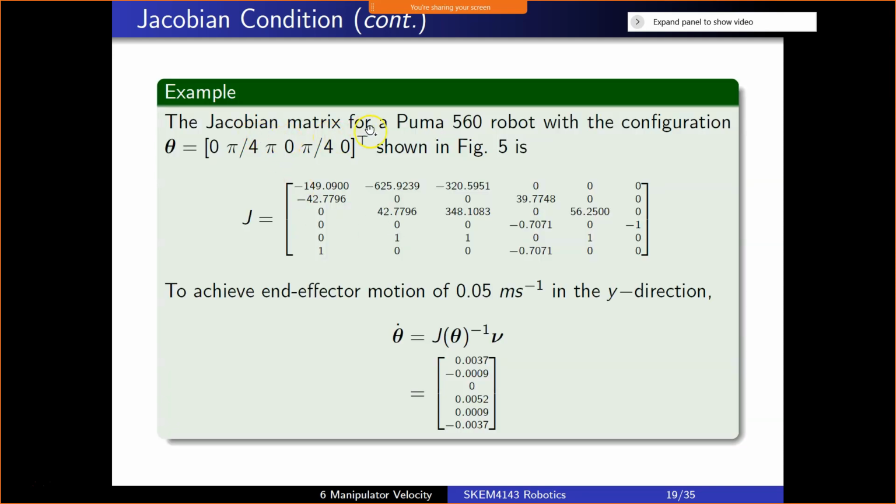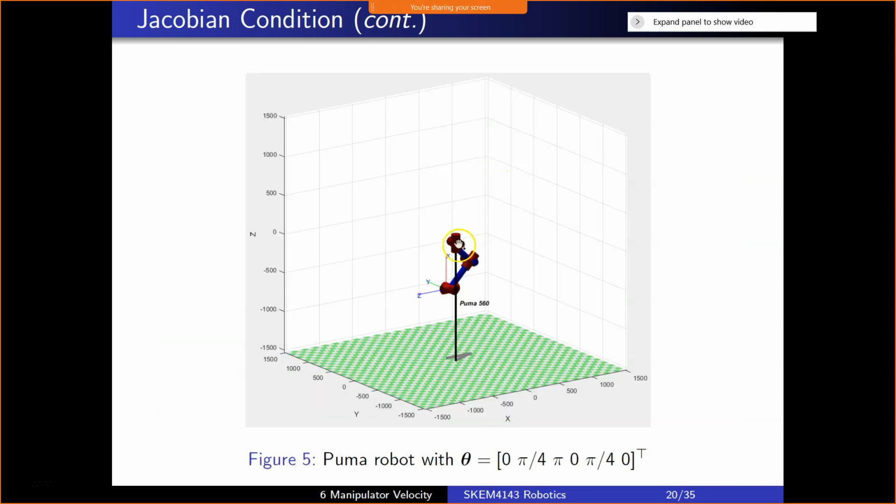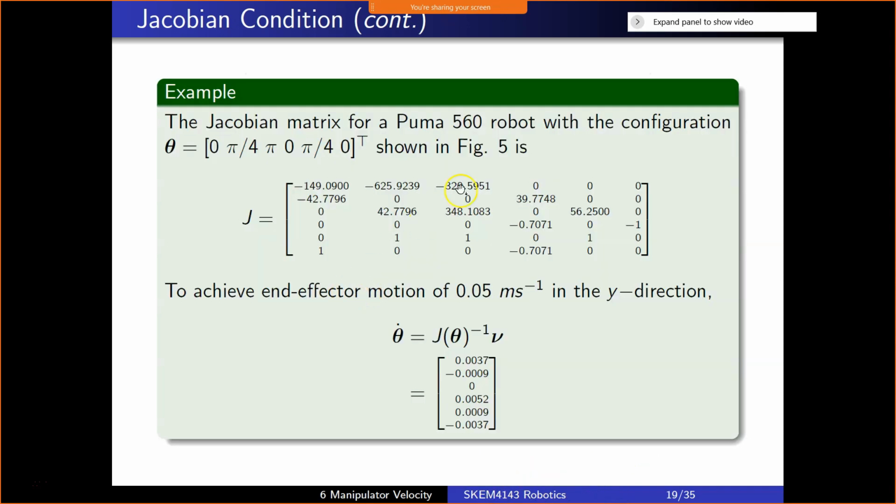So the Jacobian matrix for a Puma 560 robot with the configuration 0, 45 degrees, 180 degrees, 0, 45 degrees, and 0 degrees, shown in figure 5. So this is the configuration of these joint angles. We have this Jacobian matrix. It is a 6 by 6 matrix.